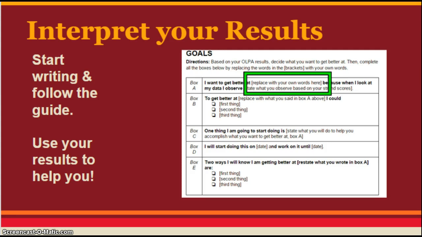You will see parts where you will need to fill in with your own words. Notice the green rectangle where it says replace with your own words. This is where you decide which strand, either informational text or literature, you would like to focus on. Then say why.